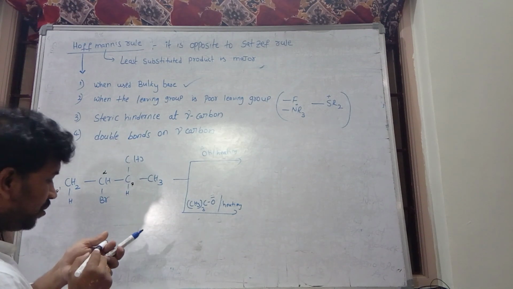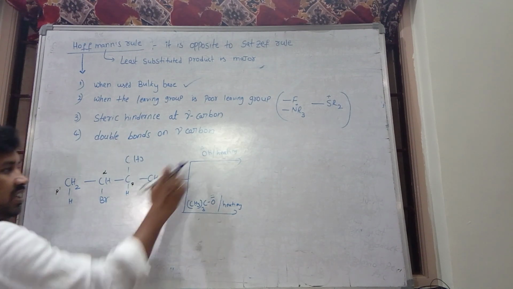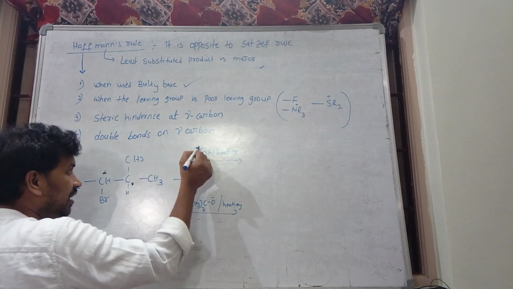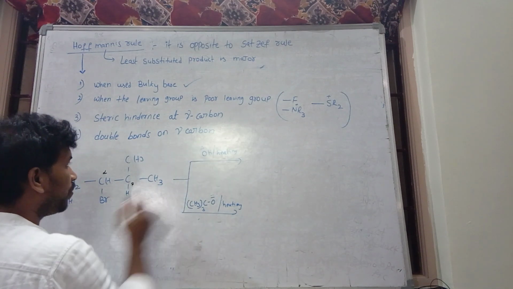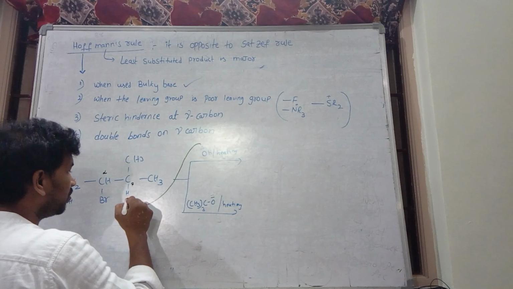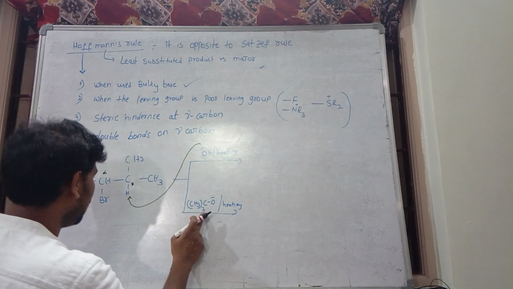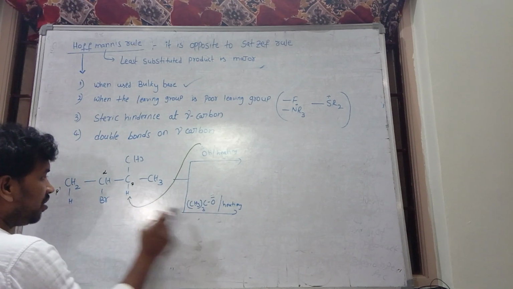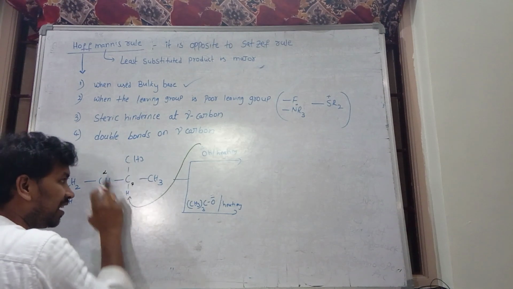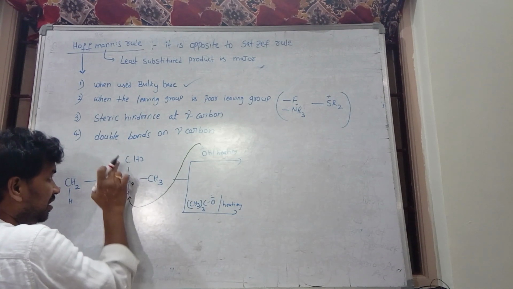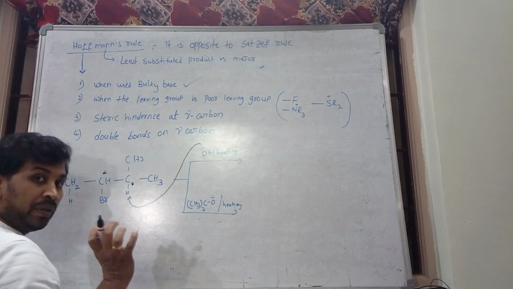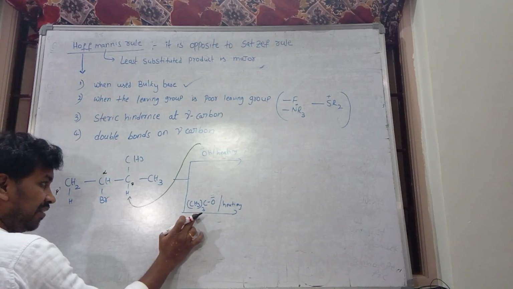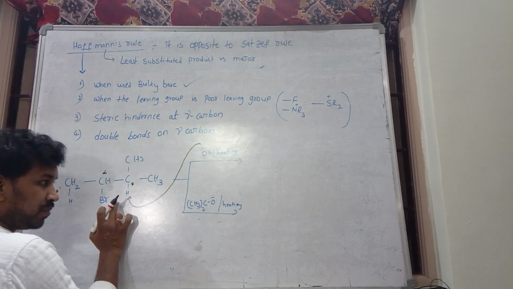So when OH minus is used, it's non-bulky, so it can easily take a proton from here. But the bulky base cannot take a proton from here because it's sterically hindered. This carbon is sterically hindered with two big methyl groups, so the bulky base is not able to abstract the proton from here.